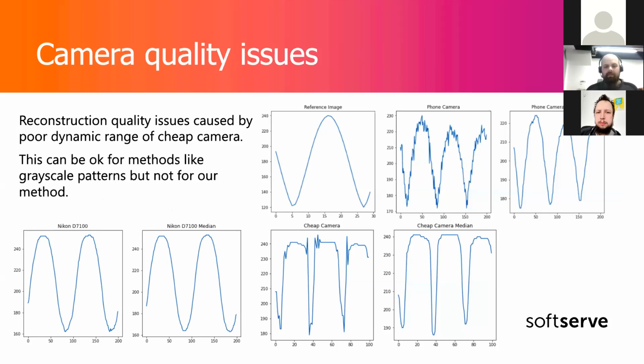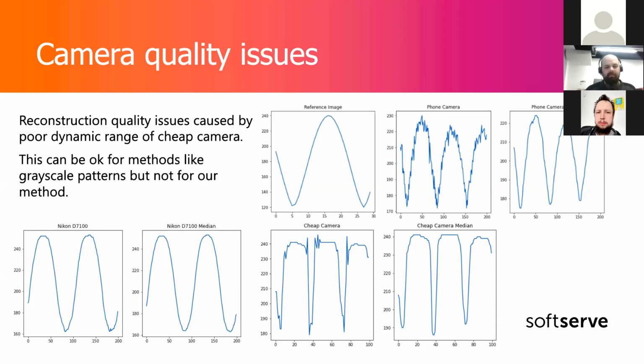So we had camera quality issues. As Yuri told, we are projecting a sine or cosine wave onto our reconstruction scene. We had some strange results for the reconstruction, but when we plotted the part of the sine wave that is captured by the camera, we saw that our cheap camera is basically clipping it.